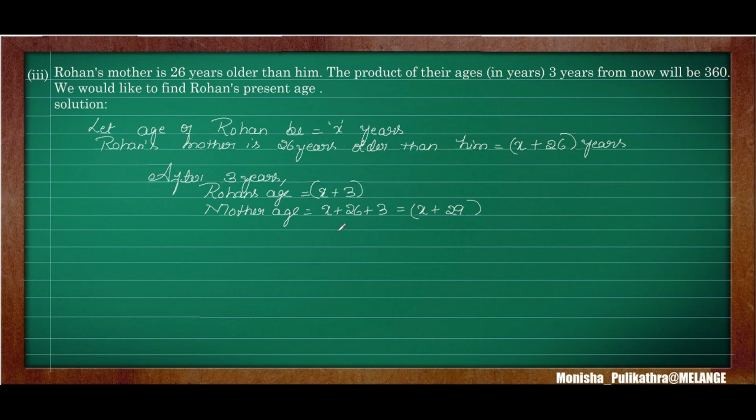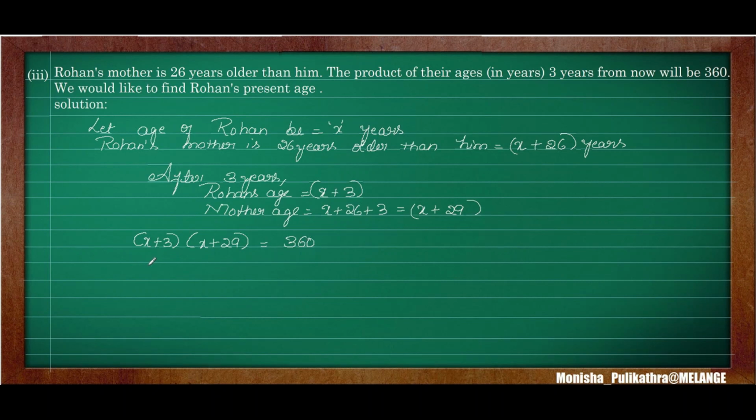This is the age of Rohan and his mother after 3 years. The product of their ages after 3 years will be 360, so x plus 3 into x plus 29 is equal to 360.